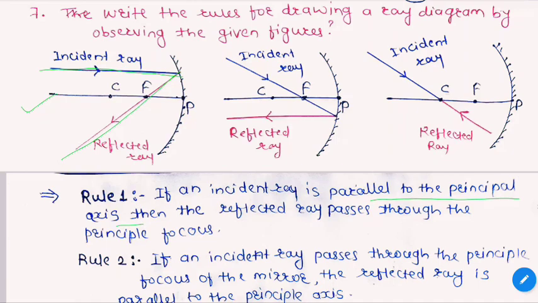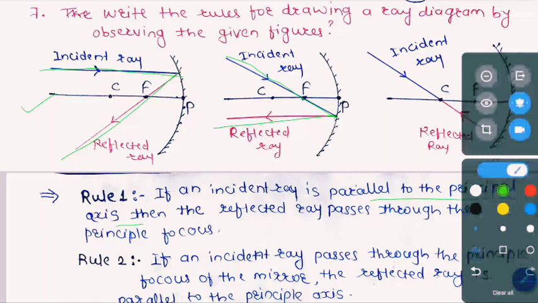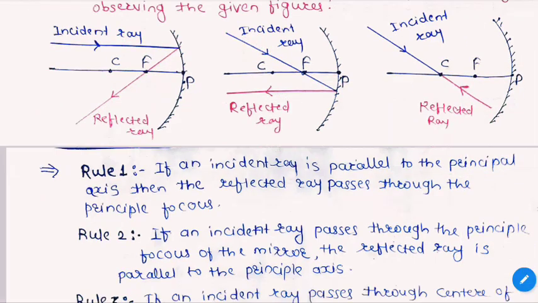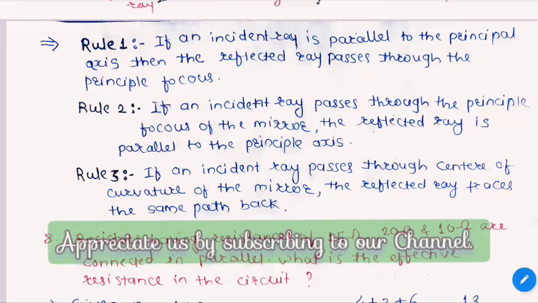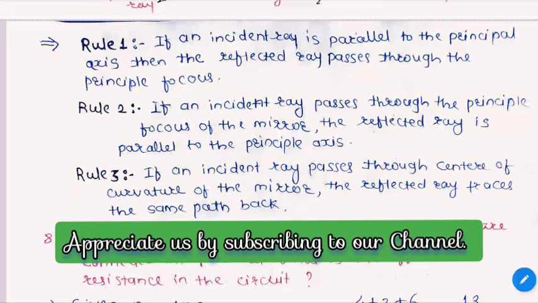The second rule is, if an incident ray passes through the principal focus of the mirror, the reflected ray is parallel to the principal axis. The third rule is, if an incident ray passes through the center of curvature of the mirror, the reflected ray traces the same path.